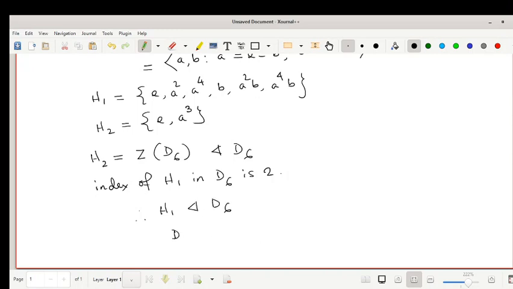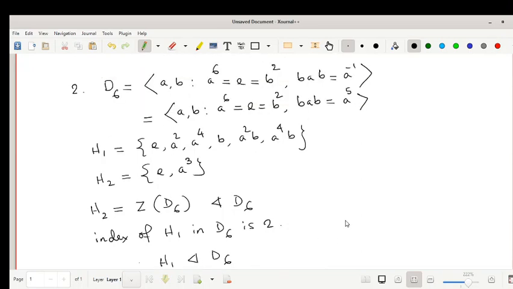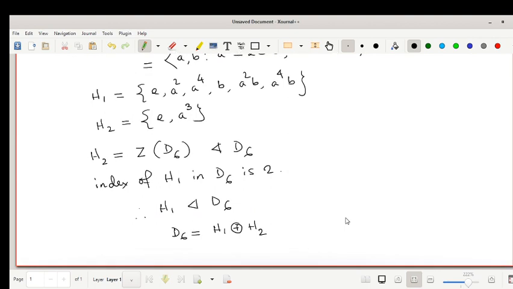But we claim that our D6 is an internal direct product. Sometimes the internal direct product is written like this, or with the more standard notation, H1 and H2. Why so? Choose any element from D6.